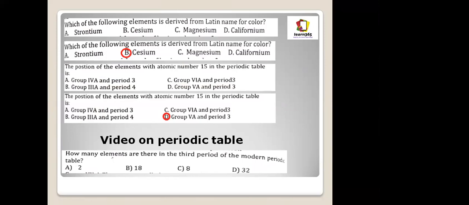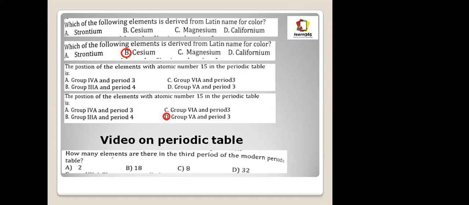You're able to hear me now? Can you hear me now? Yes. Okay, it depends on the row. Each row is called the period and each column is called the group.